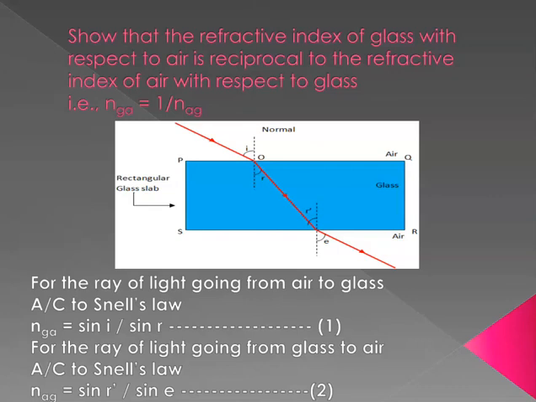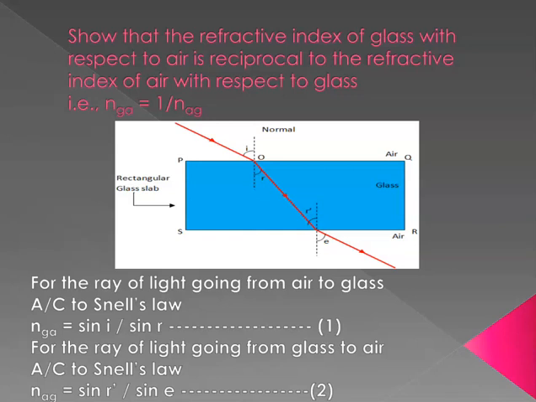Again here we use Snell's law. Refraction takes place at the first surface PQ at the point O. When the ray passes from air to glass, refractive index of glass with respect to air is equal to sin I by sin R, equation 1.